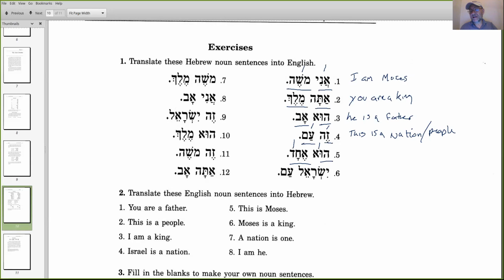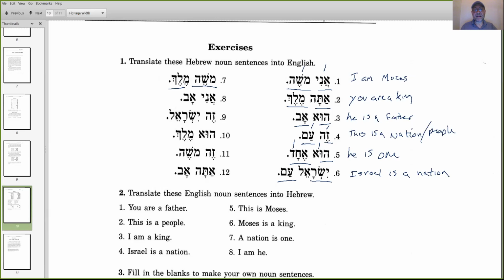We could say he is one. Okay, perhaps referring to the Father. Number 6, Yisrael, so we have Israel, nation, or in proper English, Israel is a nation.